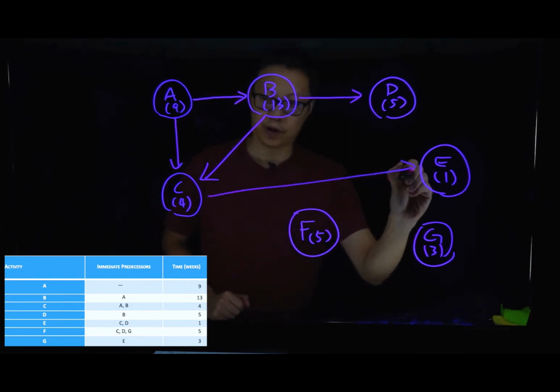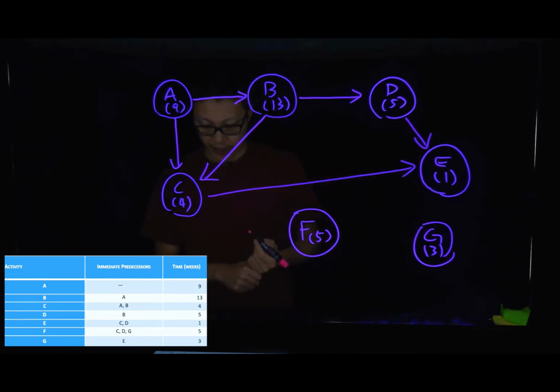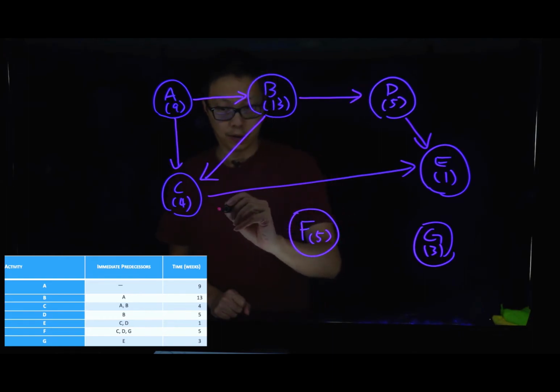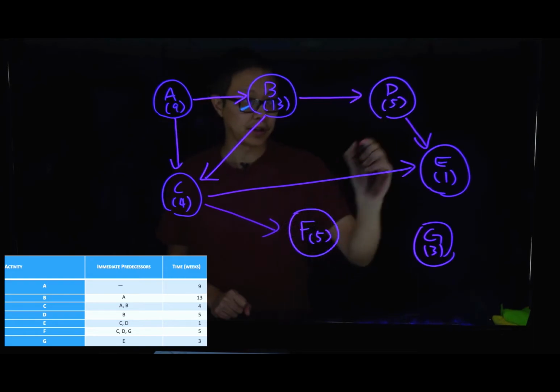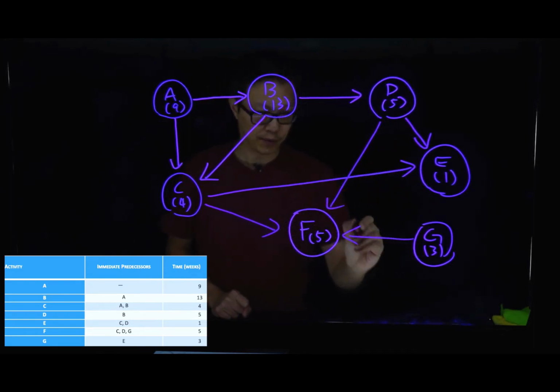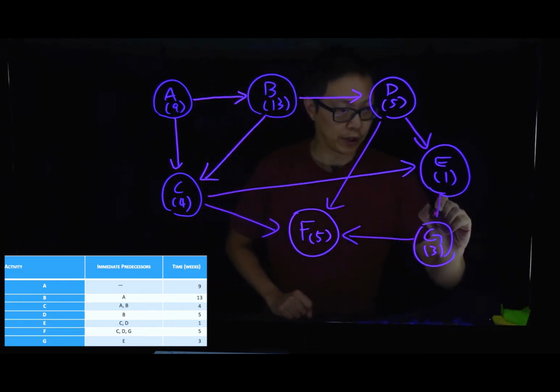So we connect from C to E and D to E. Then we cannot start to work on F until we finish C, D, and G. So we need to work on C first, D first, and G before we work on F. Finally, for G, we need to finish E first.